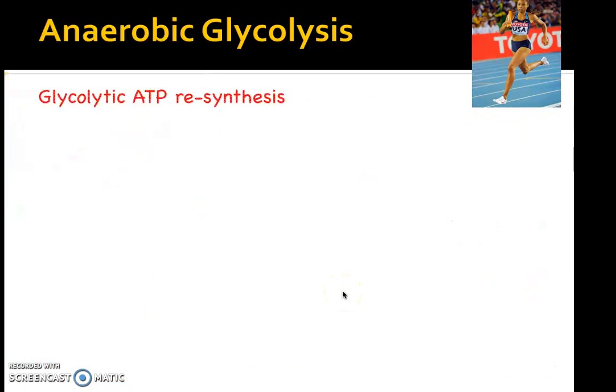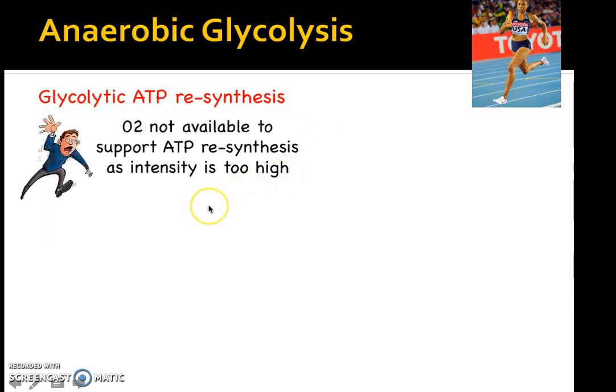So another term for it is glycolytic adenosine triphosphate resynthesis. Okay. So with this system, O2 is not available to support this resynthesis because it's anaerobic, as we mentioned before. The intensity is way too high. So we're not going to be able to last forever. And there are other side effects, as I'm sure you know.